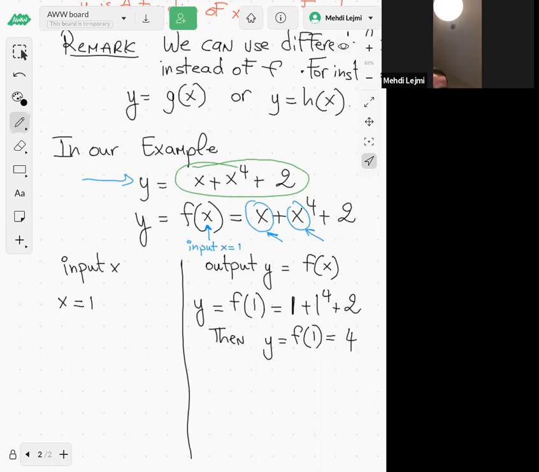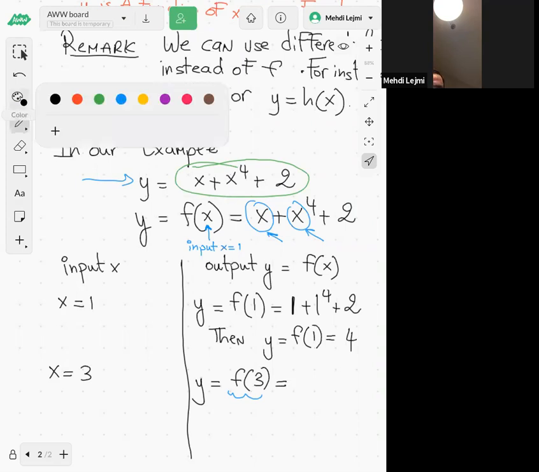You can take a different input. So let's say, for example, my input x is 3. What will be the output y? Well, then y is equal to f of 3. When you write y is equal to f of 3, it means that this is the output corresponding to the input x equal to 3, right? All you have to do is replace x by 3, this x here and x here. So that will be 3 plus 3 to the power 4 plus 2.